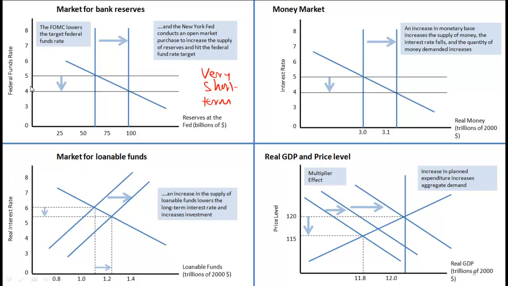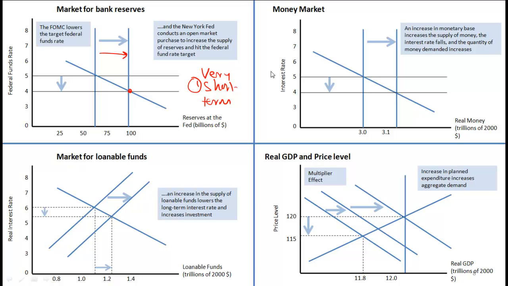These are the rates on overnight loans or extremely short term loans between banks. In this case, the Fed has increased the supply of money, so the supply line shifts to the right and the federal funds rate goes down.